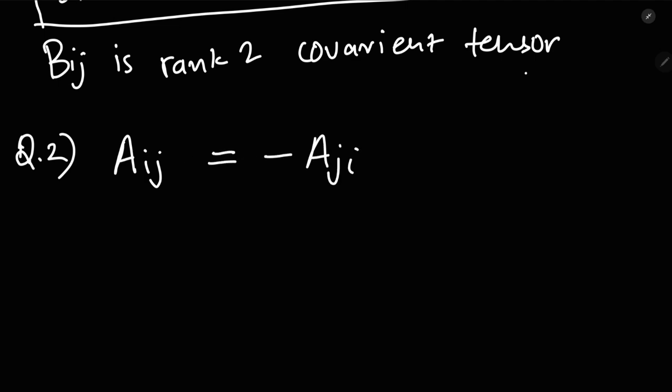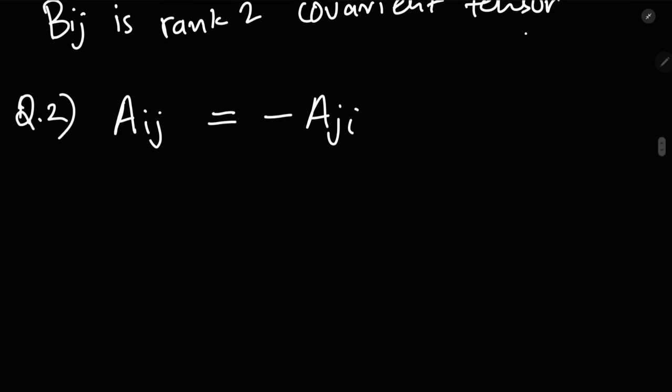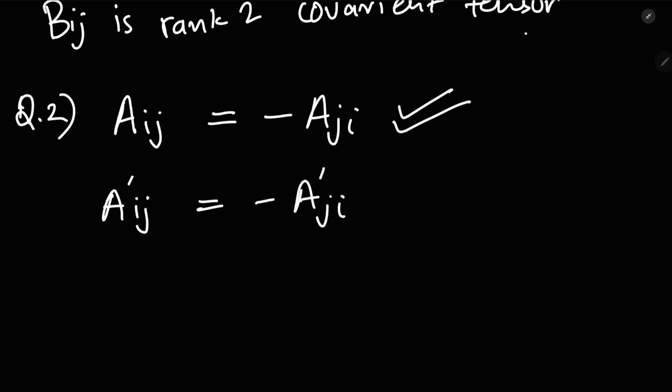So when we flip these indices, we get a minus sign for an antisymmetric tensor. Now we have to prove that if we have this antisymmetric tensor in a frame, then it remains antisymmetric in all other frames. So we have to prove that A prime ij is also equal to minus A prime ji, given that it is antisymmetric in our S frame.